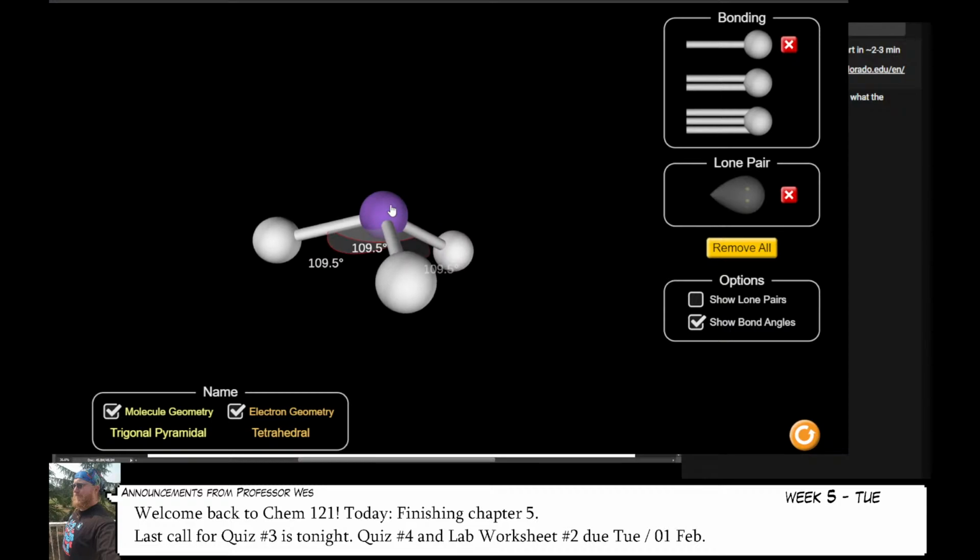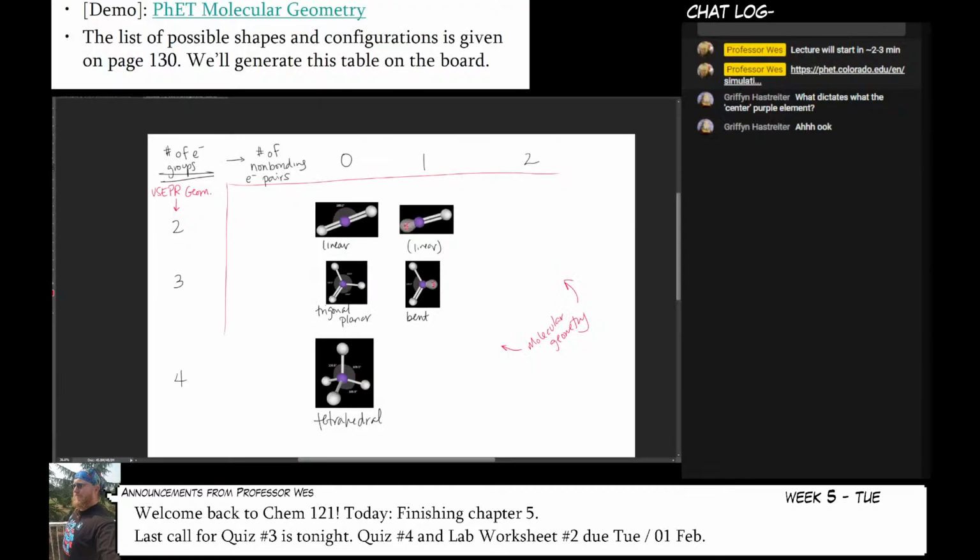And so the shape for this is trigonal pyramidal, where you have 4 groups, but one of them is an electron pair. So we will copy and paste that. And we'll go paste. It didn't work. Paste, paste. There we go. And so we'll write down what that is.